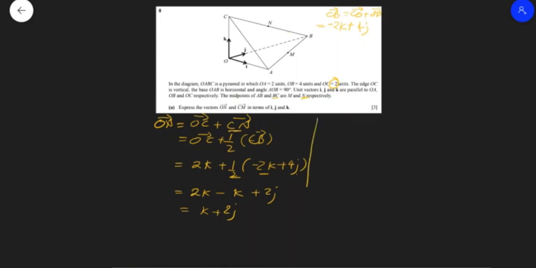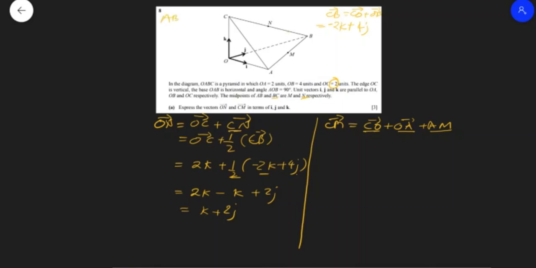Okay, the second part is to find CM. Okay, and CM can be CO plus OA plus AM. So we know CO, yes, we know OA, but we don't know AM. And for AM also we can find AB.